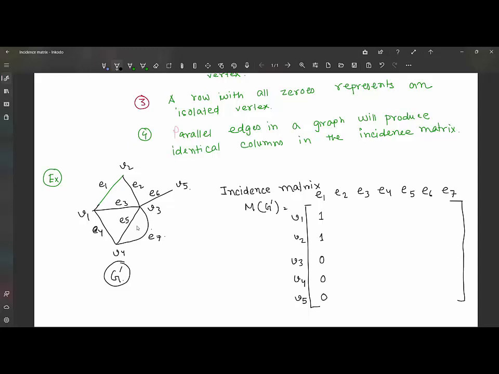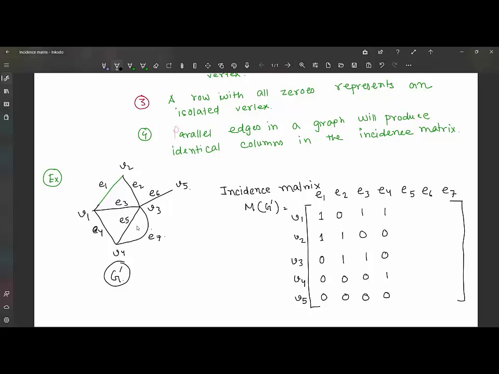E2 is connected to V2 and V3. So place 1 in place of V2 and V3 and fill every other value with 0. E3 is connected with V1 and V3, so put 1 in place of V1 and V3 and 0 in other places. Now E4 is connected with V1 and V4, so put 1 and 1 in place of V1 and V4 and every other value with 0.